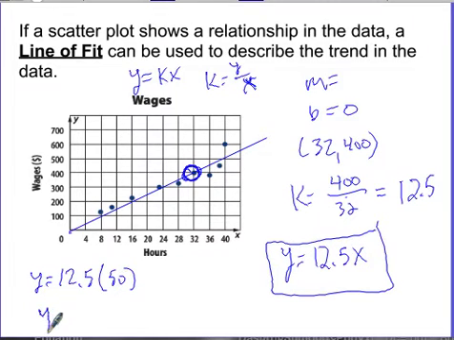I think so. Y equals $625. And so even though that doesn't fit on the graph, we could still solve for it based on the equation that we wrote. That's still an estimate, though. We're going to be close, but it could be $600. It could be $650. But that still gives us an estimate of where it would be.